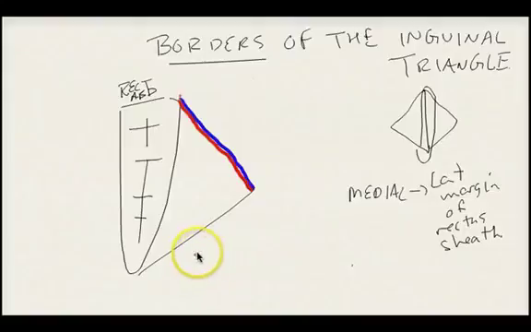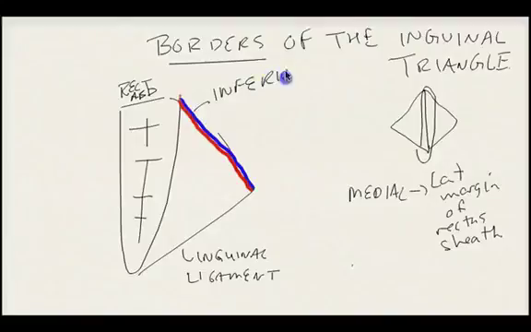Now our inferior lateral border is made up right here, and this is the inguinal ligament. Okay, and that's going to be your inferolateral portion of the inguinal triangle, or the inferolateral border. Now the superior-lateral, this is made up by your inferior epigastric vessels.